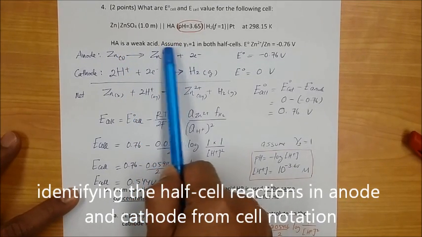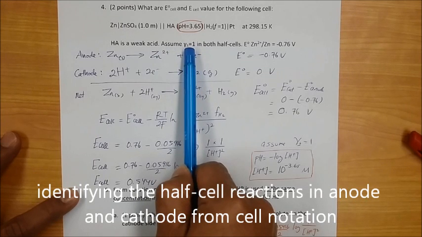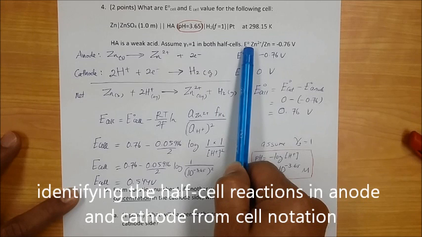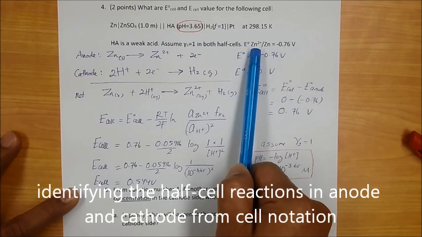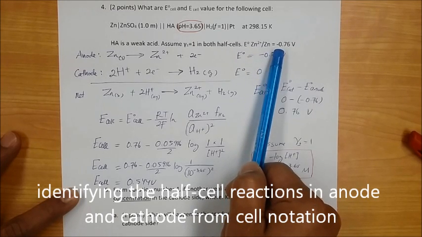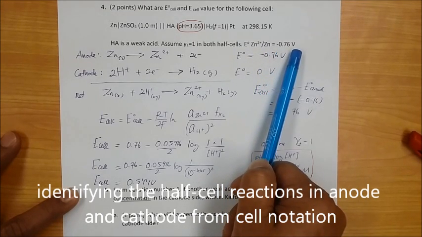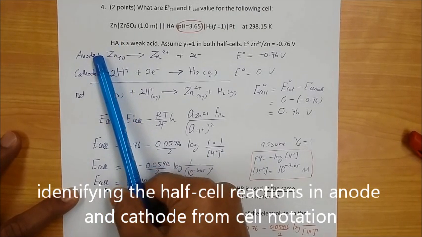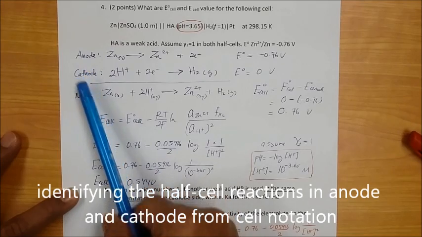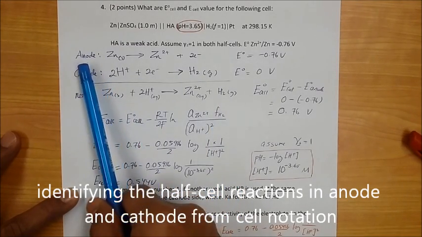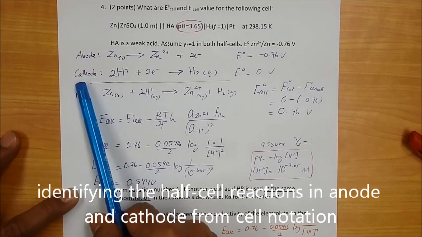Right. So here the question says to assume the mean activity coefficient is 1 for both half cells, and the E naught of the zinc 2 plus reduction to zinc metal is minus 0.76. To see the net reaction easily, I recommend you write the half cell on the anode and the half cell of the cathode.